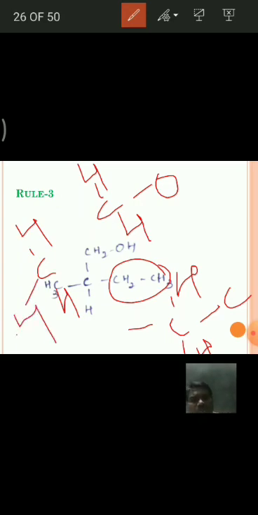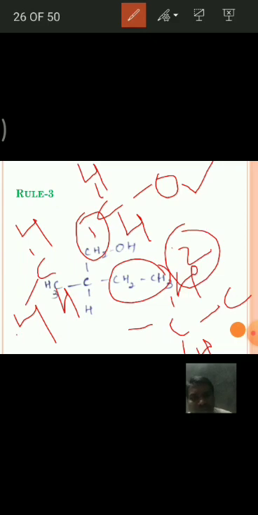If you observe, the first atoms are carbon, but in this CH2OH, the carbon is attached to hydrogen and oxygen. When we compare the further groups attached, this oxygen is having more atomic number, hence this will be given as first priority, then followed by this, then followed by methyl.